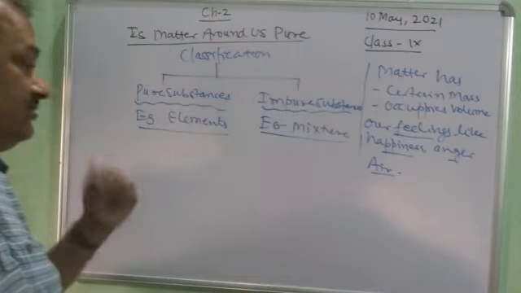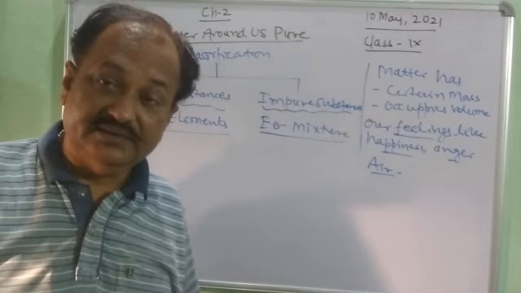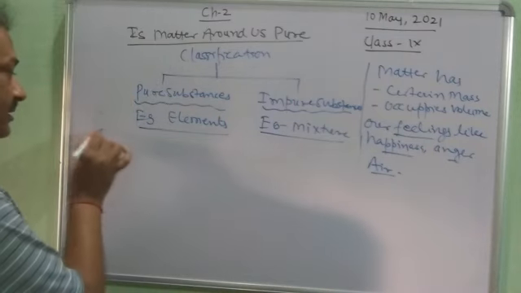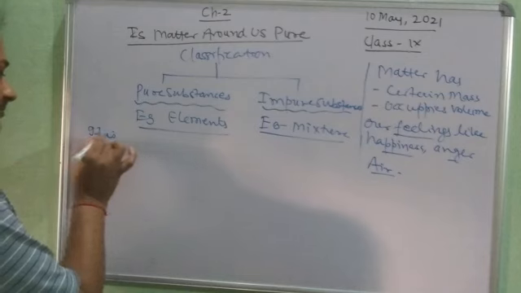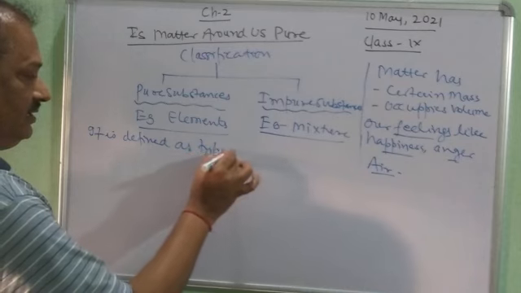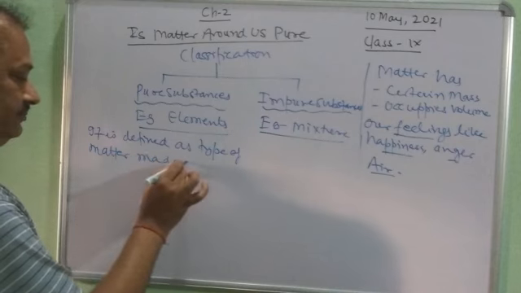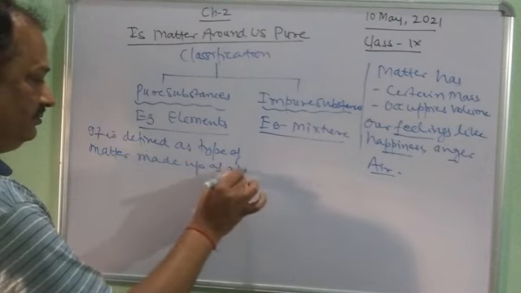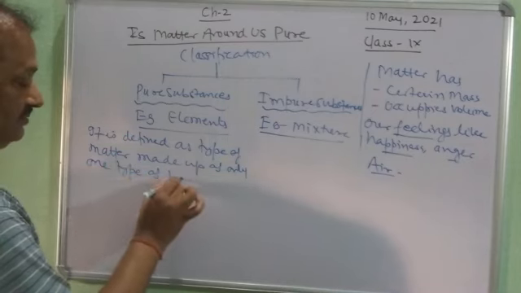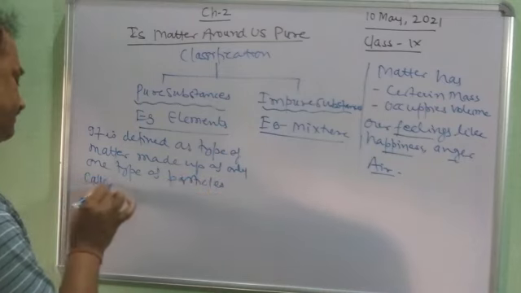Now, children, first we'll take the case of an element. An element is defined as a type of matter made up of only one type of particles, called atoms.